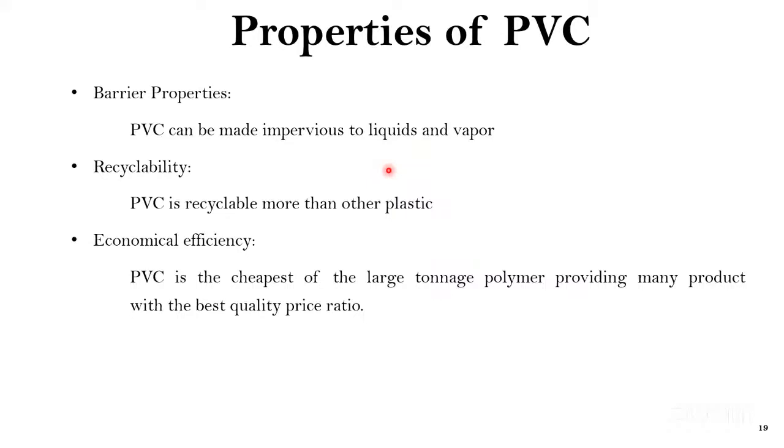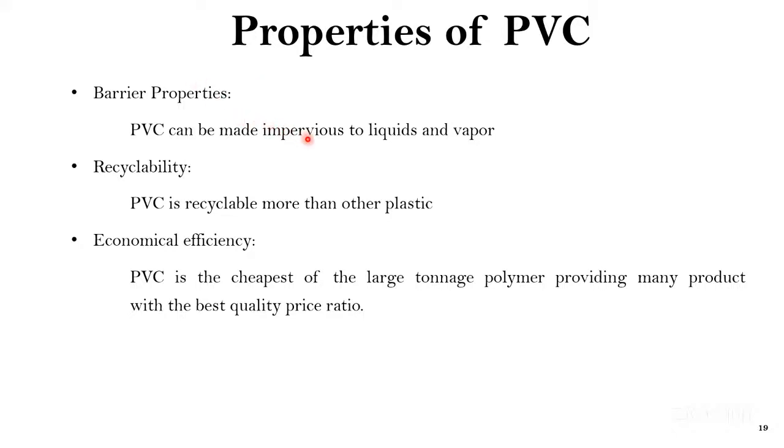If you saw, PVC pipes can be used for transportation of liquids. When the liquid is transported through these pipes, suppose you are passing just normal water in your piping system, if this barrier property is not there, what will happen?